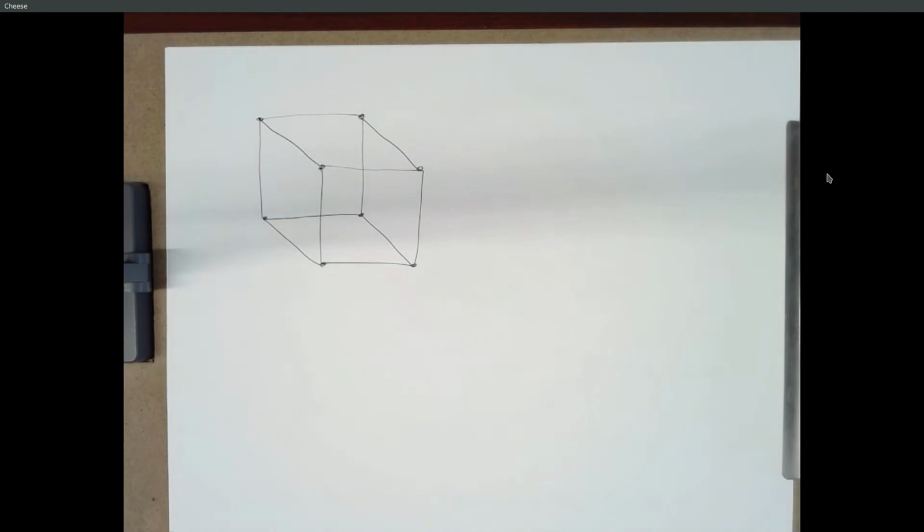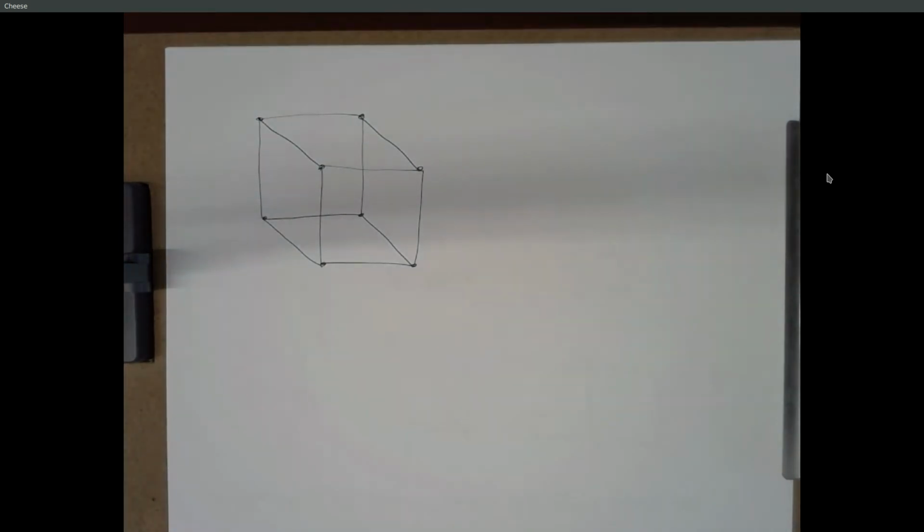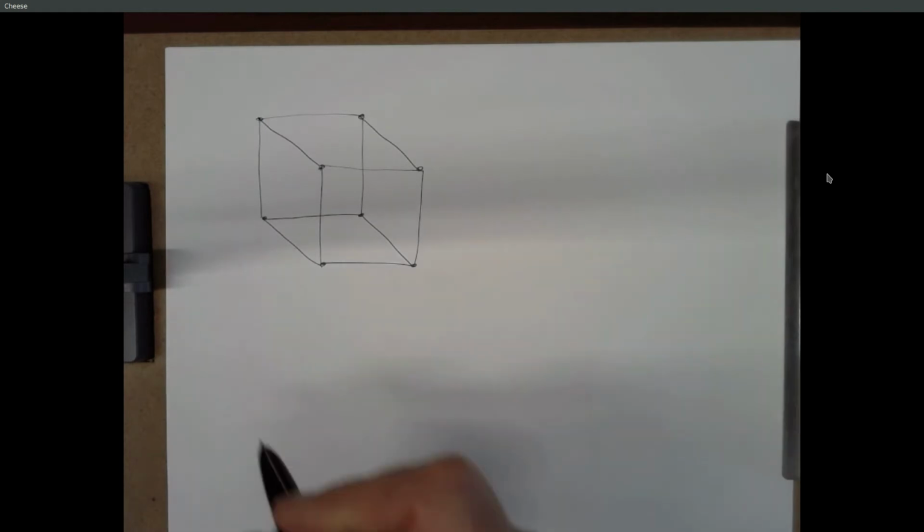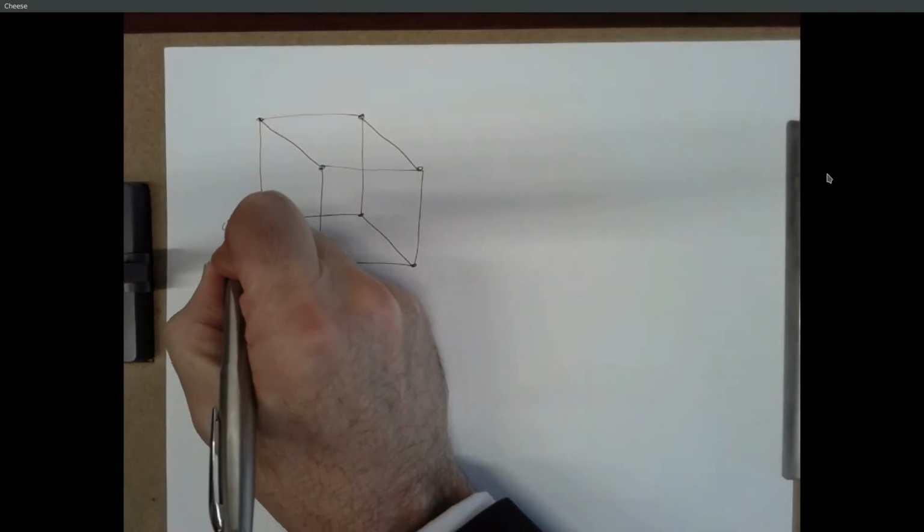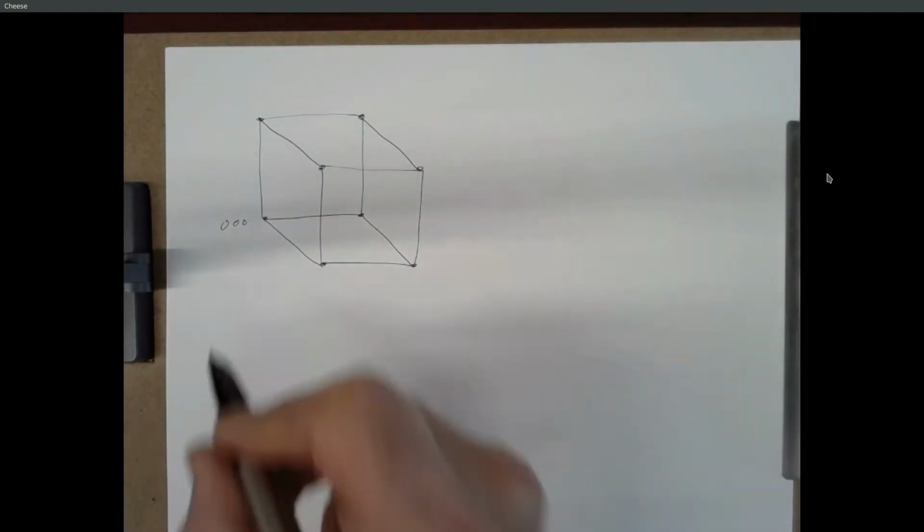So there's a graph. It looks like it's three-dimensional, but it's just a graph. And I'm going to label my vertices in this kind of funny way.